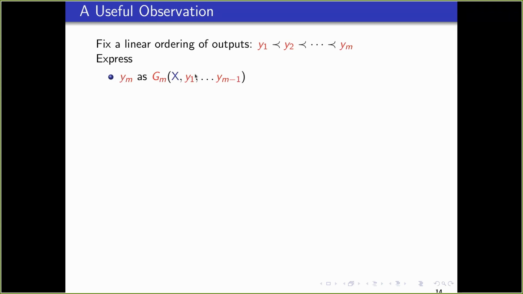Wherever ym was there, that only depends on x and y1 through ym minus 1. So now I have a new specification which has only x and y1 through ym minus 1. And now I can repeat this process, saying, let's express ym minus 1 in terms of y1 through ym minus 2, and finally y1 as g1(x), right?